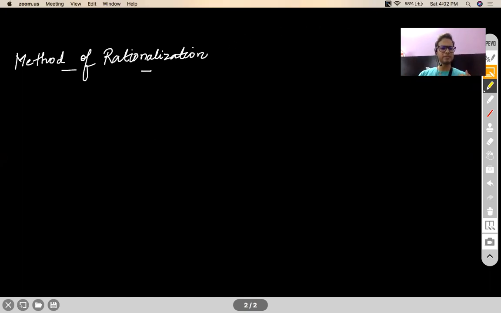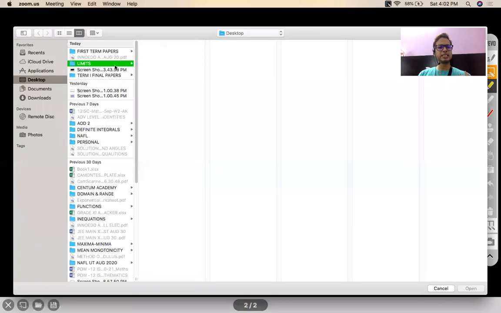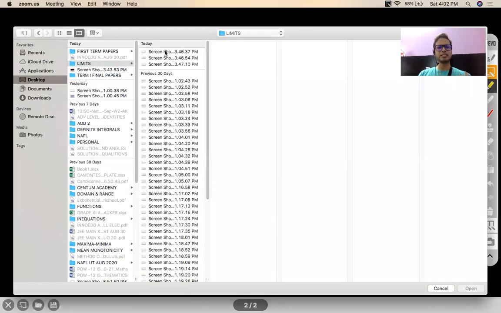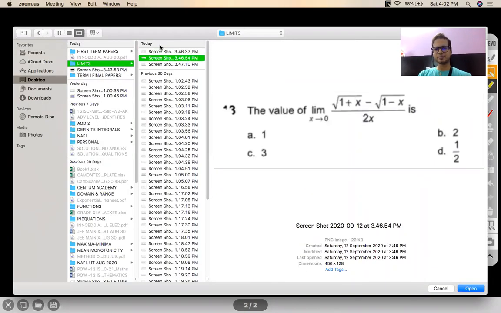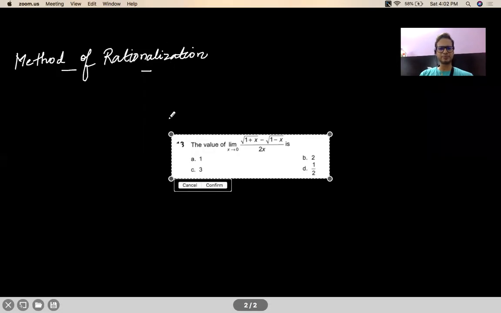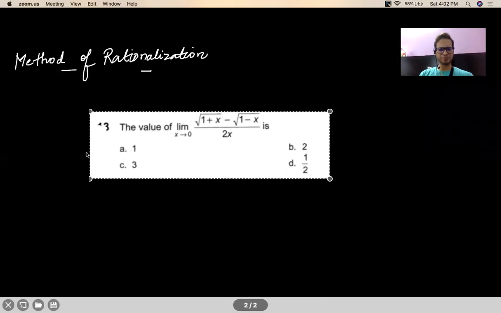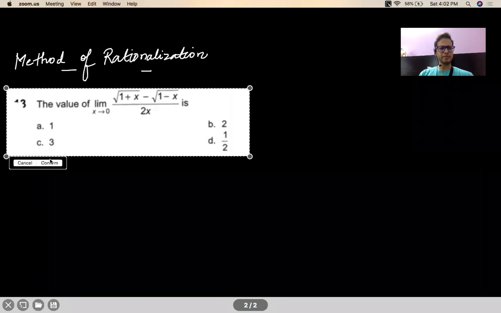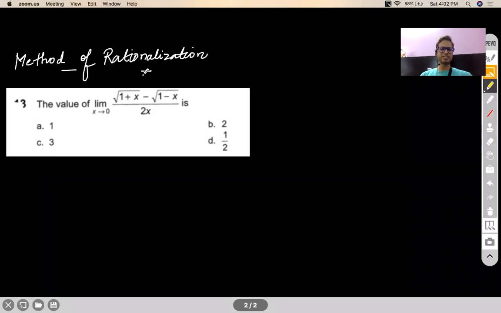Let me begin with a simple example here. Let's say I have a question like this. Very simple question. We have to evaluate the limit of this expression as x tends to 0. Now you can see that it's not a case of substitution, because when you substitute, your numerator becomes 0 and your denominator also becomes 0.